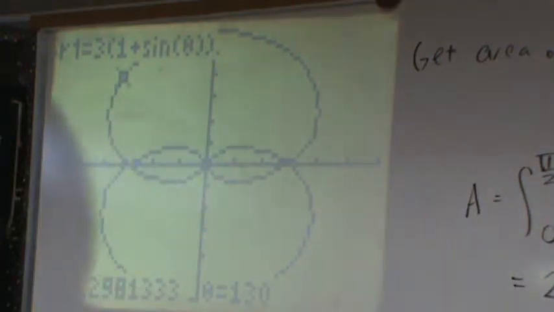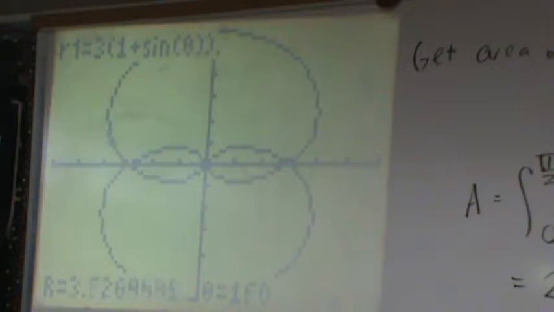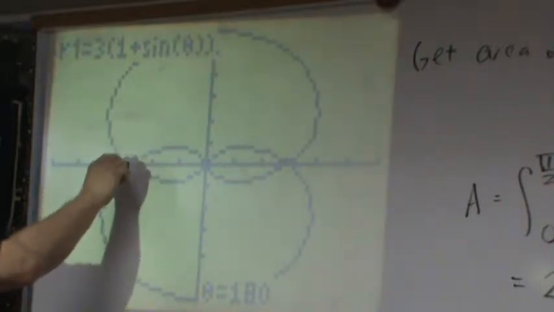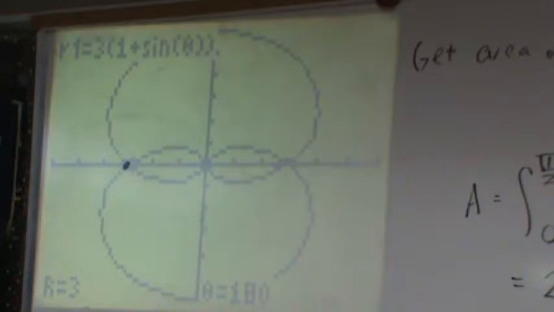Okay. So I keep going until finally I get here. I get there at 180 degrees. Okay? And this is where Carly is starting. 180 degrees. All right? And now I'm going to go down till I get to the origin.